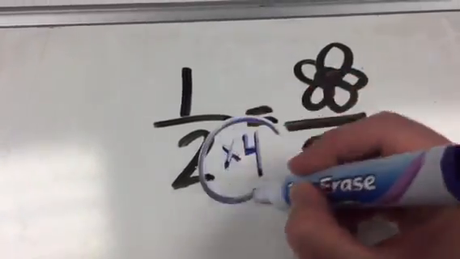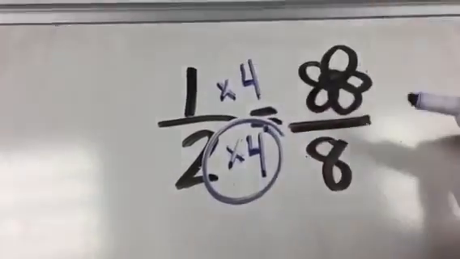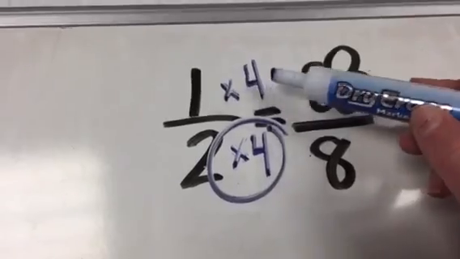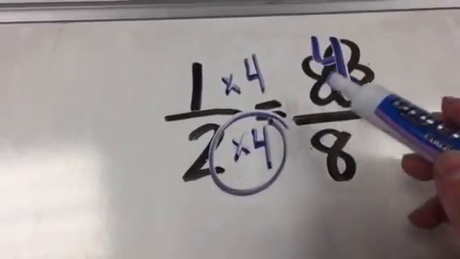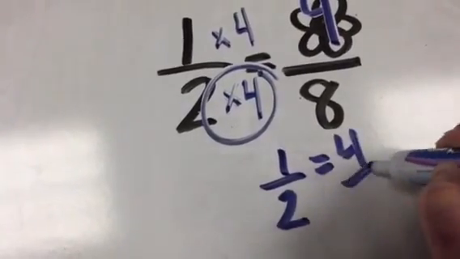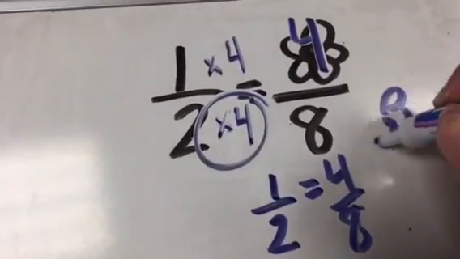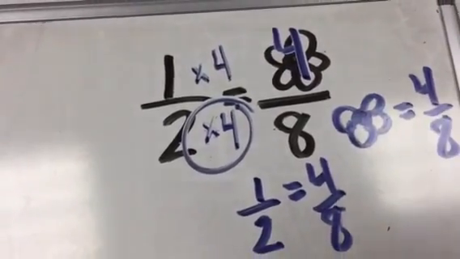So if I do the bottom times 4, what do I have to do up here? I have to do times 4 again. 1 times 4 is 4. So 1/2 is equal to 4/8. I can say flower is equal to 4.